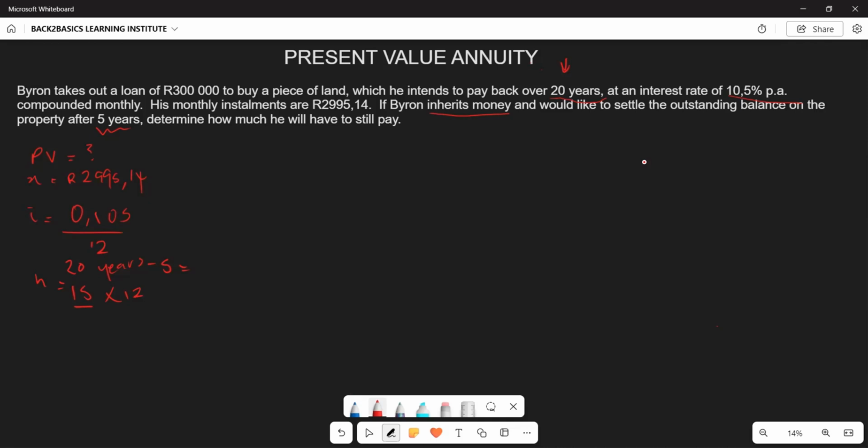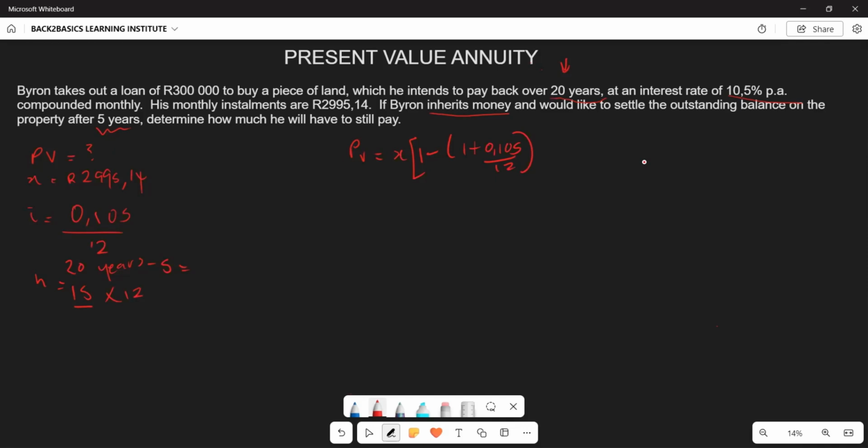Then we plug into our formula, which is x multiplied by 1 minus (1 plus the interest) to the power of negative n, over the interest. The interest is 0.105 over 12, and for how long?